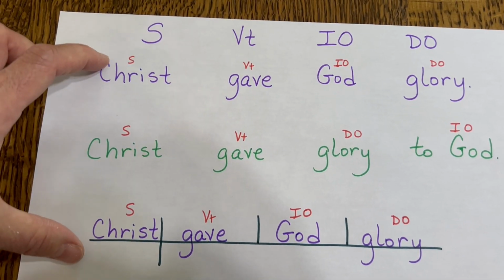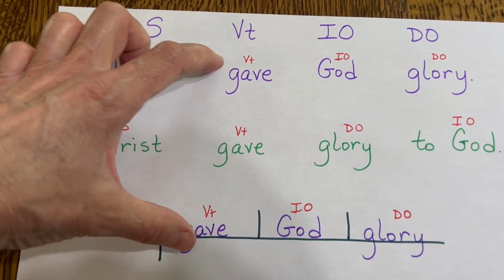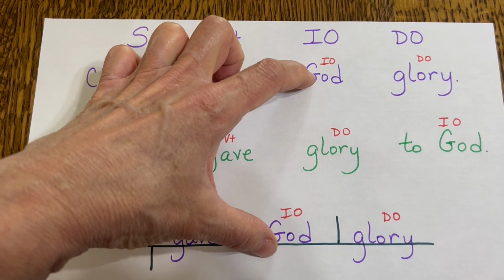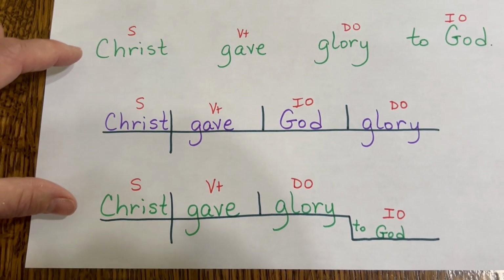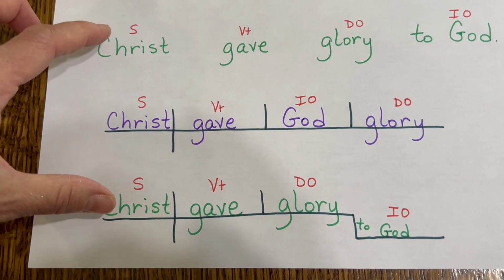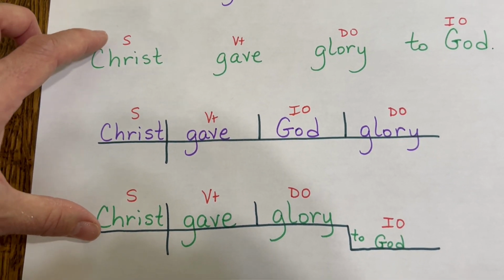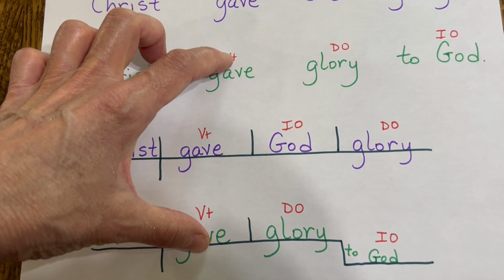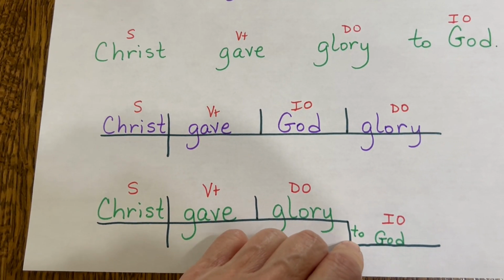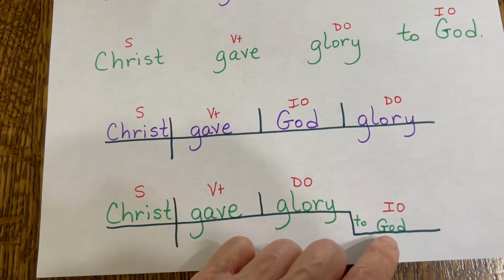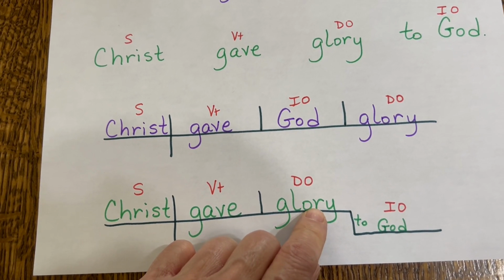The first way you can diagram it: subject, verb transitive, indirect object, direct object. The second way you may diagram this is subject, verb transitive, direct object, and then you go down here to God. God is receiving glory here.